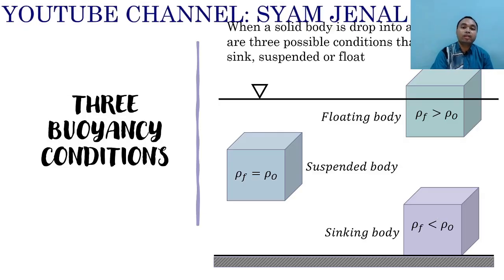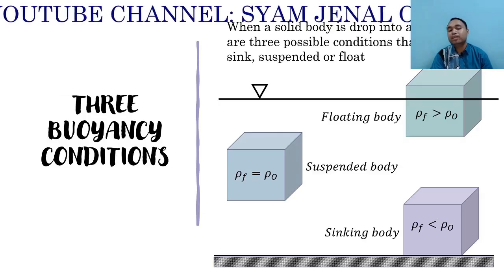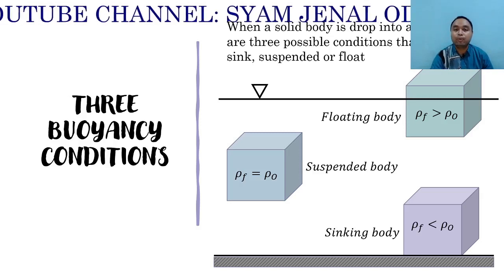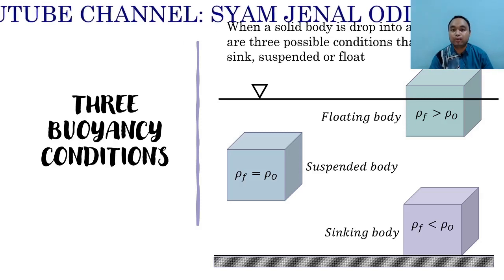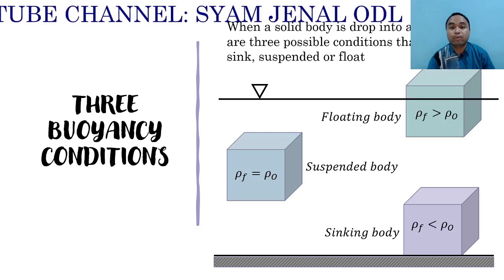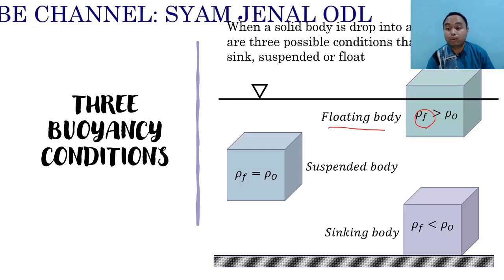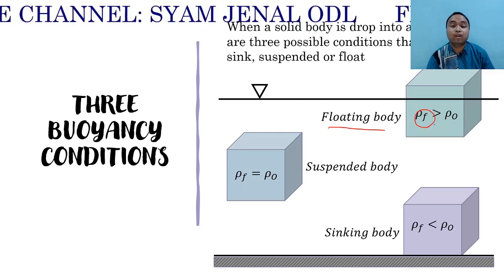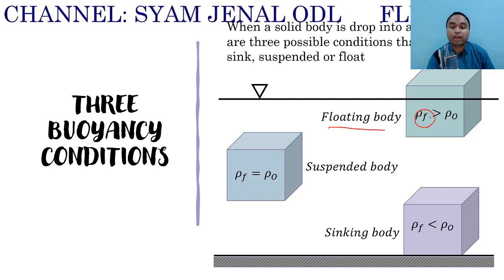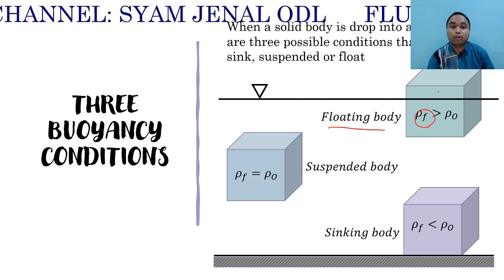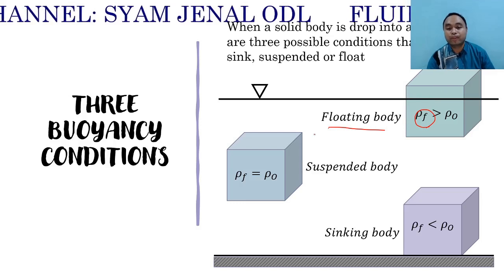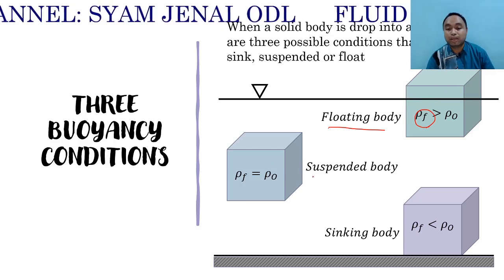Okay, before we go further on the calculation, there are three buoyancy conditions that may occur when you drop a body inside a liquid. The first is called a floating body. This condition happens when the density of the fluid is higher than the density of the object, so the body will float on the surface of the liquid. The second is called a suspended body.